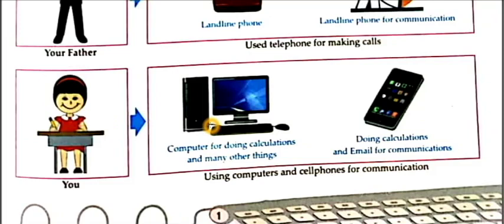Whatever you do on the computer, you can do on your smartphone. Am I correct? Yes. But on a smartphone, we do only limited work, while on a computer, we can do any work in detail.